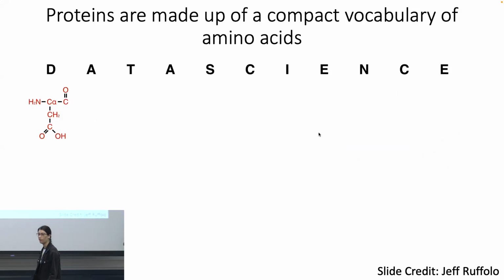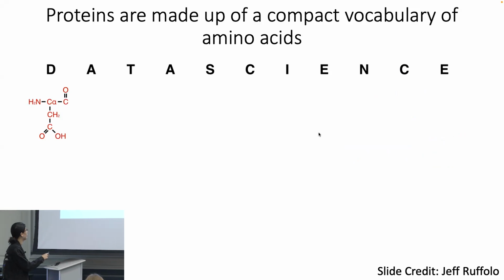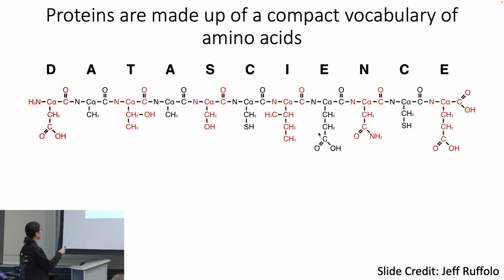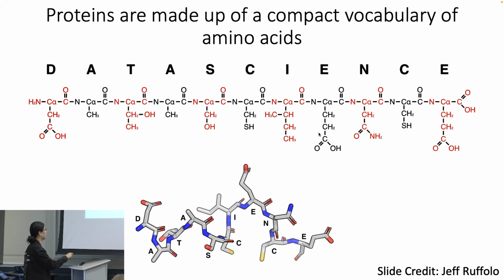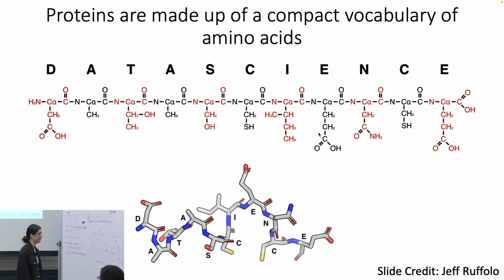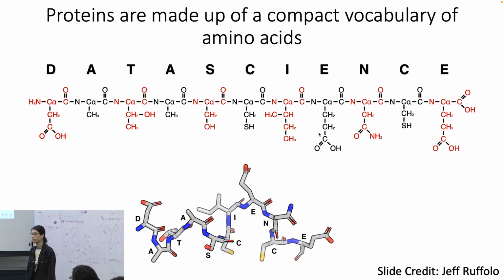So proteins, we know, are made up of a bunch of different amino acids. And in the protein sequence, this is a very nice slide where the sequence spells out data science. But if we look at the amino acids corresponding to each of these letters and the structure that comes out of it, we know that from this primary structure, we are able to have some sense of what the secondary structure would be, especially if we recognize, let's say, cysteines or some type of helix breakers.